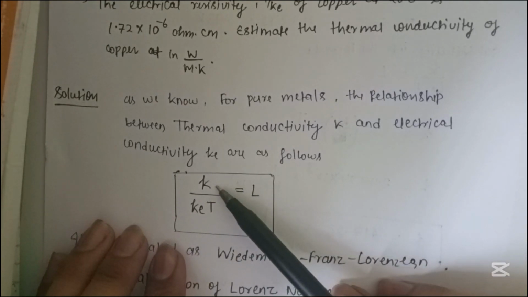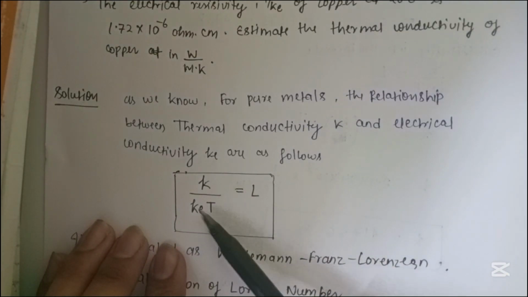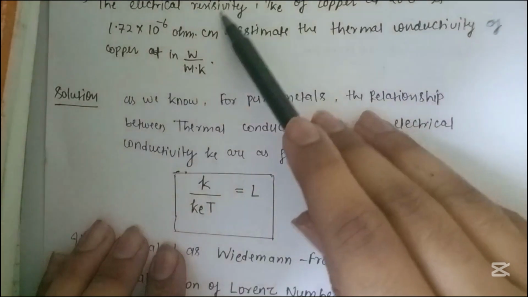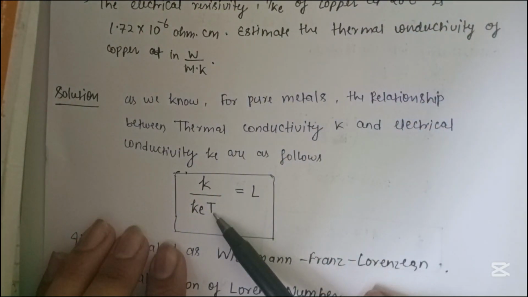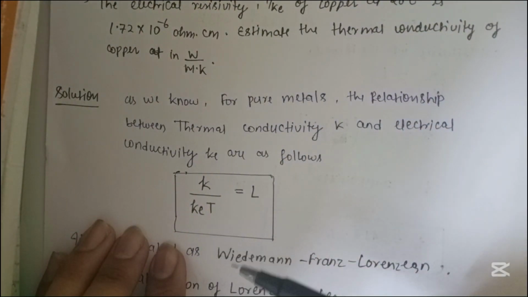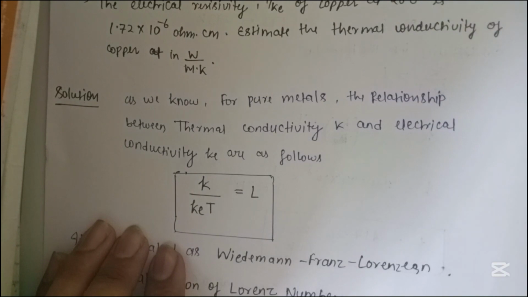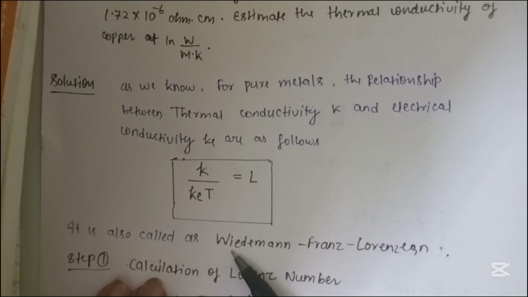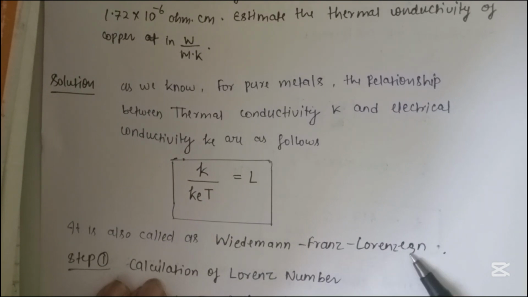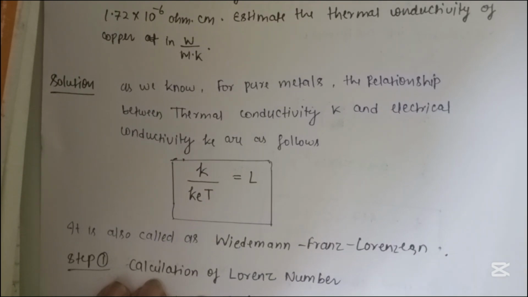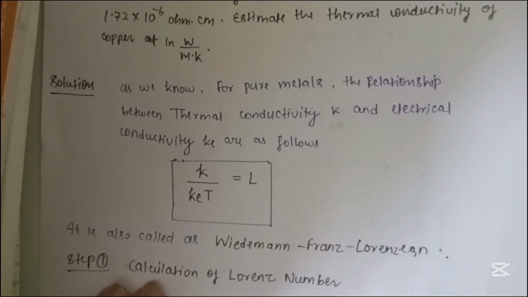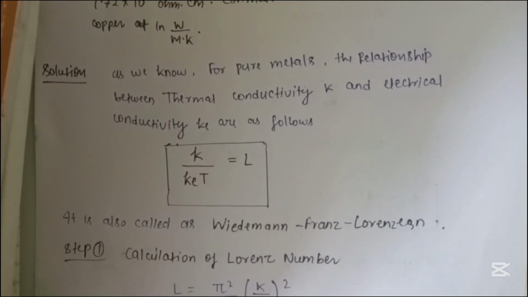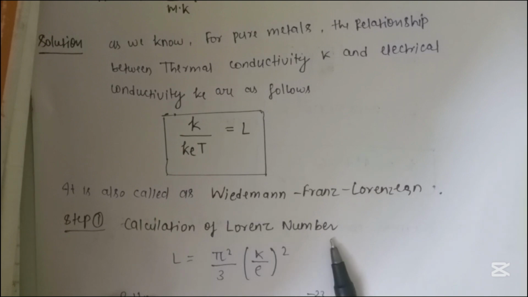Here K is the thermal conductivity, 1 upon Ke is the resistivity, and T is the temperature at which we are required to find the thermal conductivity. It is also called the Wiedemann-Franz-Lorenz equation.